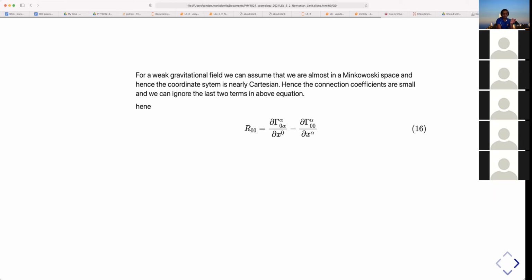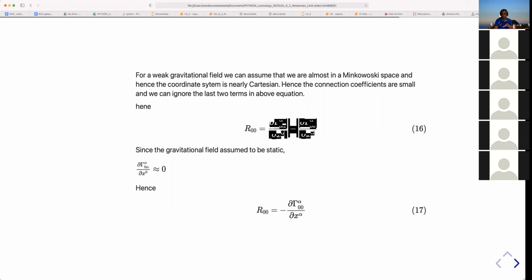So you will end up having these two terms, and then when the gravitational field is static, right? Which means when it does not change with the time, then what happens? Now you have two terms. When you approximate, you are almost in the Minkowski space. The last two terms go away from the Ricci tensor components.